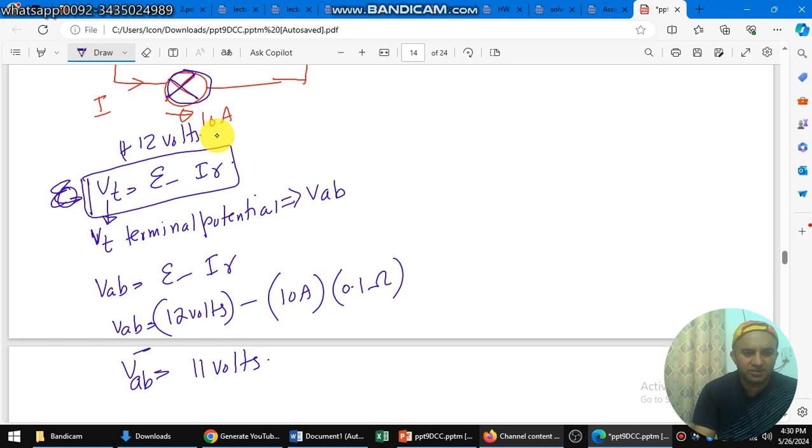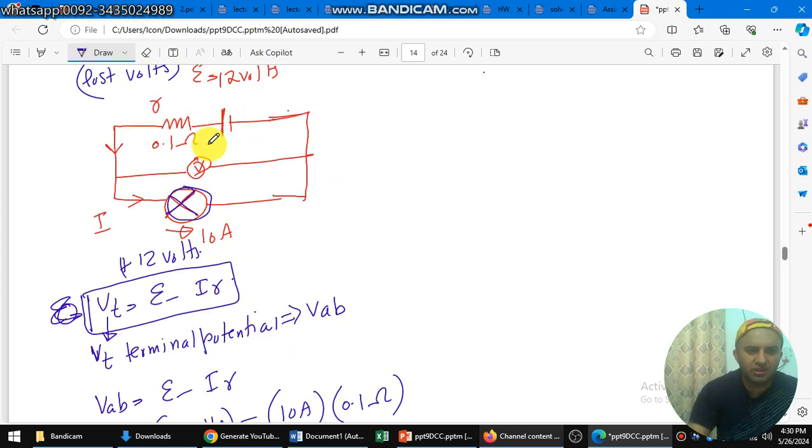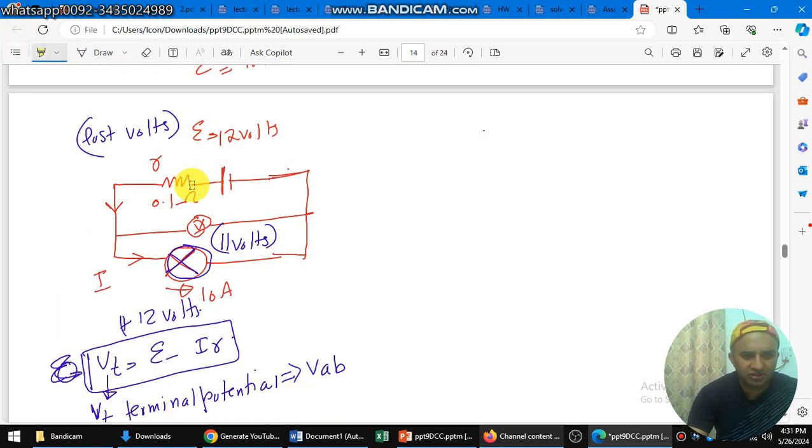So what does it mean? It means the potential across this bulb will not be equal to 12 volt. It must be equal to 11 volts. It means that the battery supplies the actual potential of 12 volt, but this bulb does not receive 12 volt, it receives 11 volts. Why?